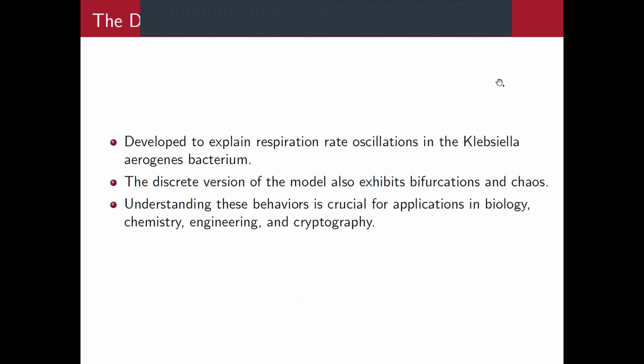Let's begin with a little background on why the Degn-Harrison model was developed and what makes it unique. The Degn-Harrison model was initially developed to explain oscillations in the respiration rate of Klebsiella aerogenes bacteria.